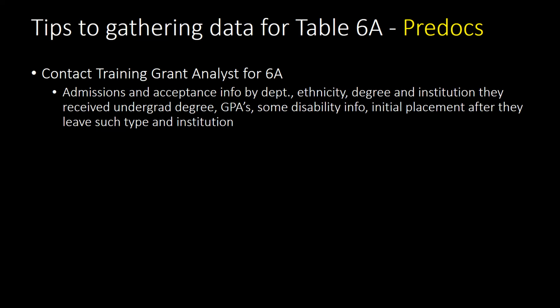But they won't give you access to the data, but they'll give me access to the data. So when you have a grant due, and you have pre-docs on there, contact me and tell me what departments you need this information for, and I will aggregate the data for you and give it to you.